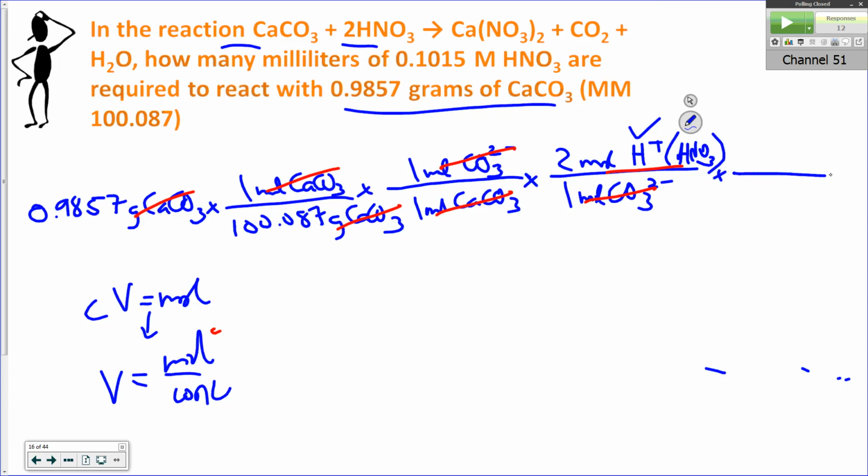All right, so if I divide by the concentration, moles of H+ per liter, that means liters go on top of solution. So the units of my moles now cancel out. I'm left with liters.